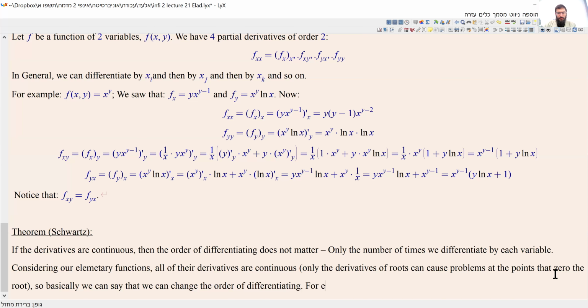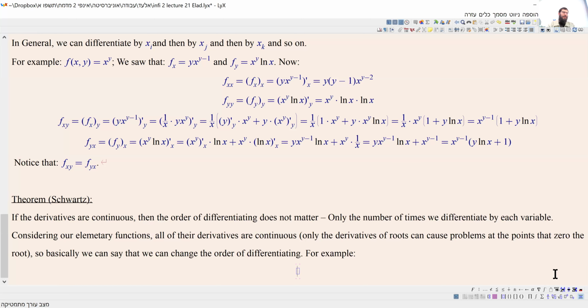For example, if the derivatives are continuous, then the derivative f x x y x, y y x, z y z, whatever, is the same as, as far as I can calculate counting it correctly, x x x x, y y y y, z z. The order does not matter. What matters is the number of times we differentiate by each variable.